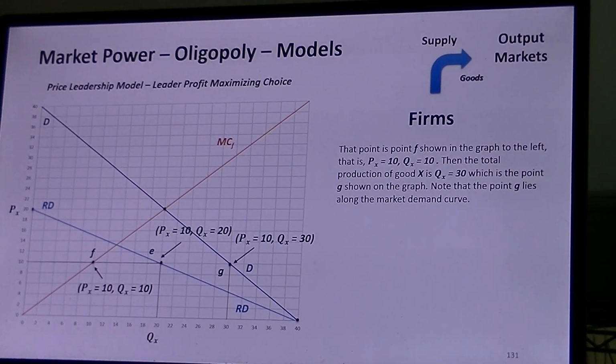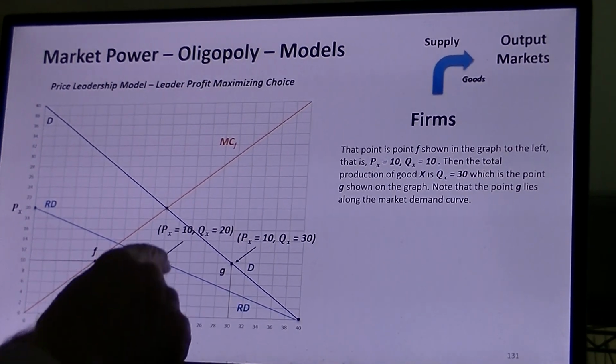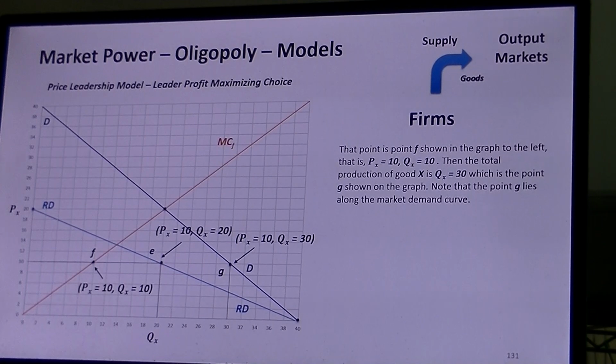So they don't earn above normal profit. They earn zero profit, just as if they're perfectly competitive. So they're producing 10 units. They earn zero profit, but they're willing to enter the market at that price. The leader firm earns a profit of 20 in this model.